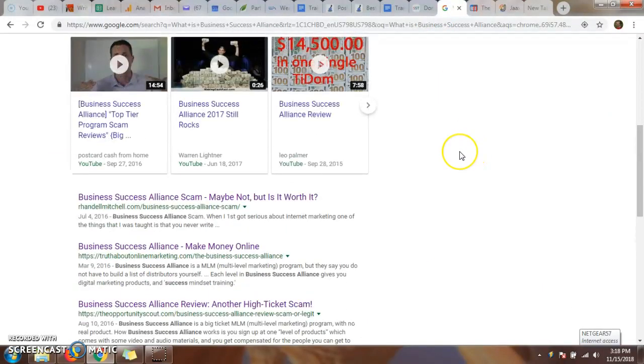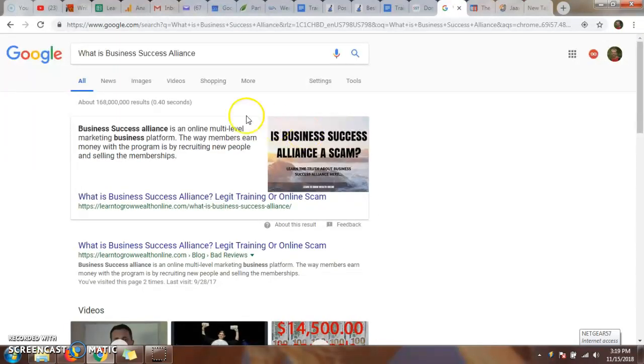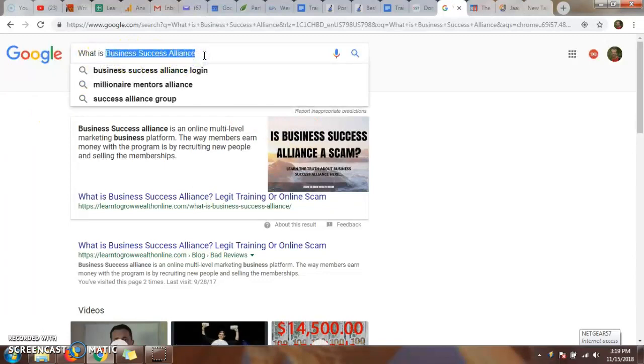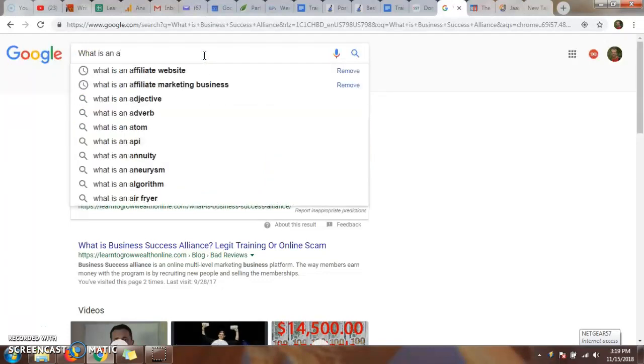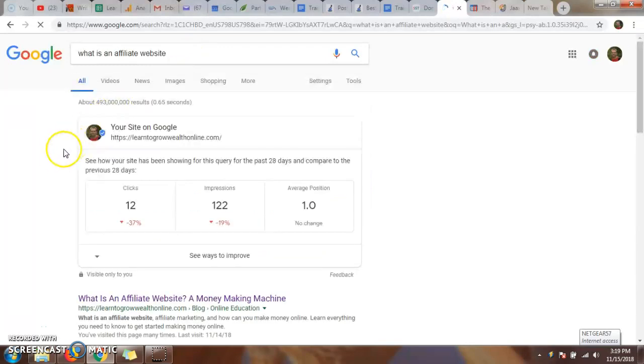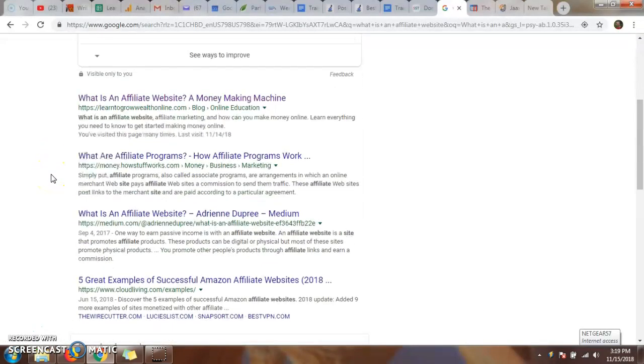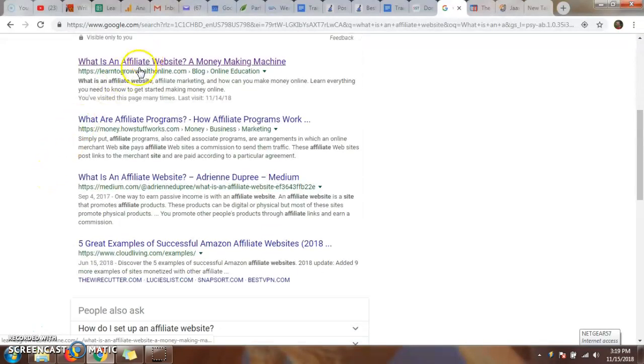Also in the training we talk about avoiding competing against big websites, and a lot of times that's true, with sites like CNN and Forbes, but other times it's not true if you write a really good article. I think this is a good example: "What is an affiliate website?"